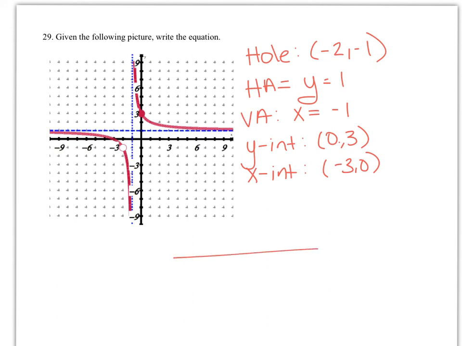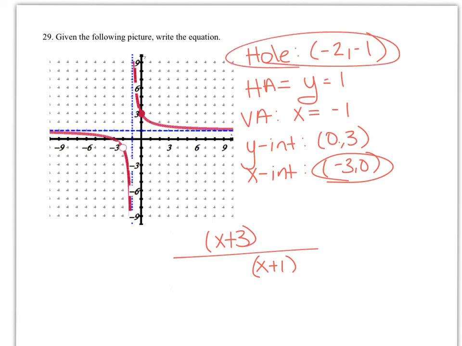So I know my denominator has to have x plus 1, and I know my numerator, when I solve for x, has to have -3, so that's going to be x plus 3. And I have a hole at -2, which means x plus 2 has to be a common factor.